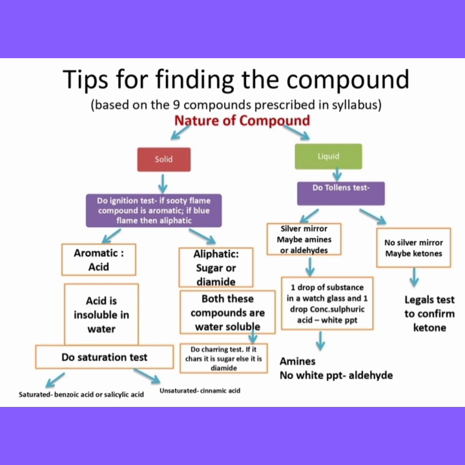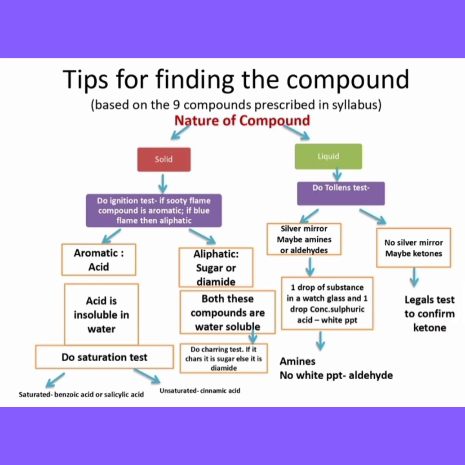If it dissolves, definitely it should be a primary amine. If it is not giving a precipitate, then it is not an amine, therefore the other choice left is aldehyde. It may be an aldehyde. Then you can confirm by the test for aldehydes. In case you are not getting a silver mirror, it may be a ketone, which you have to confirm by doing Legal's test.